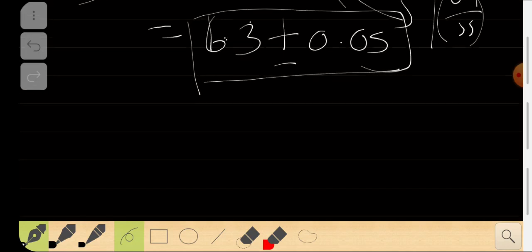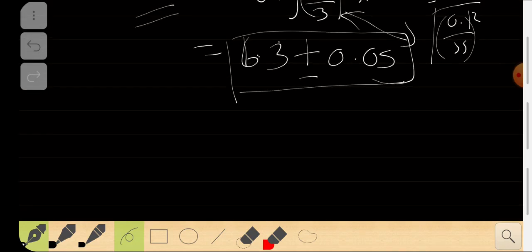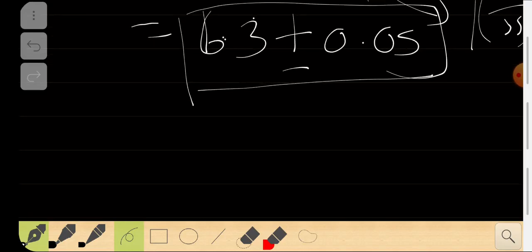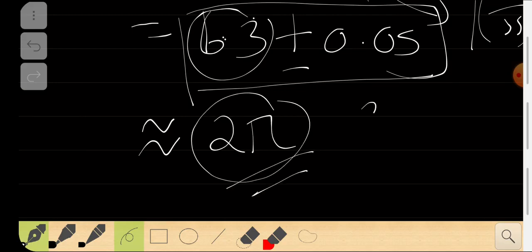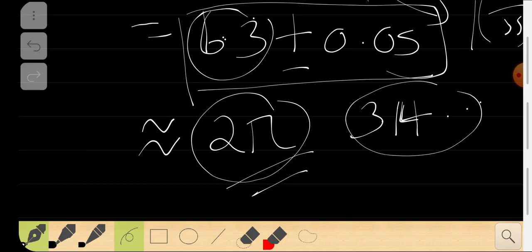Now if you look closely, even if you are not a mathematical expert, you can see that 6.3 is almost equivalent to 2 pi, right? 1 pi is 3.14 and goes on, so 2 times that will be 6.289 something, approximately equal to 6.3.